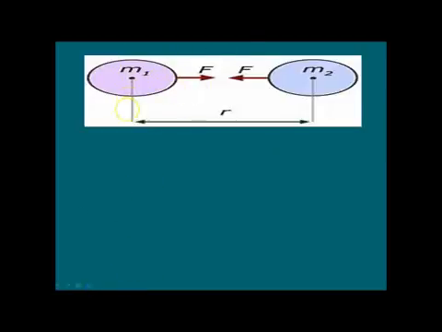Here we have taken two bodies, of masses m1 and m2. So these two are the masses of two bodies or two objects, and r is the distance between these two objects.